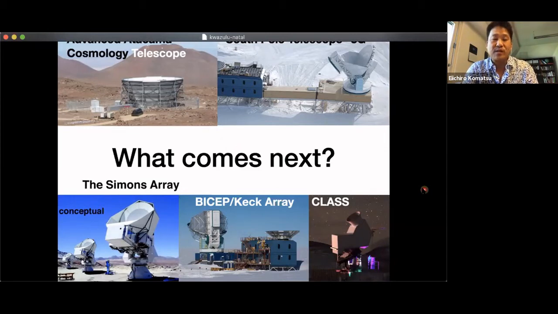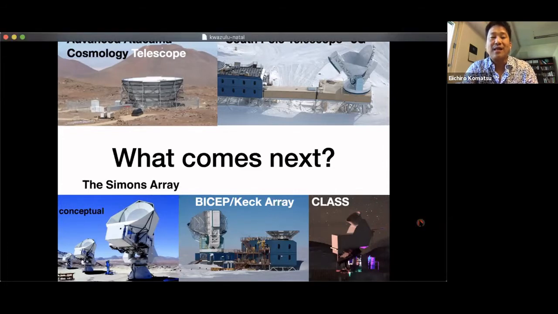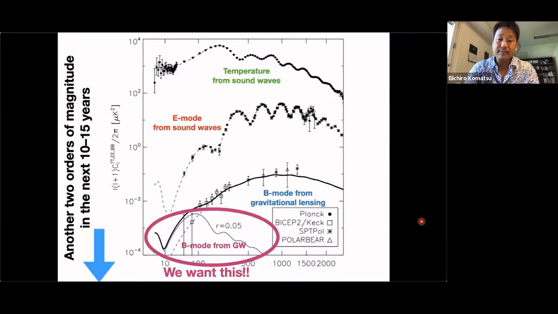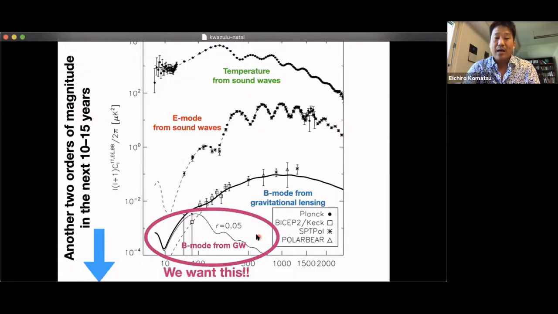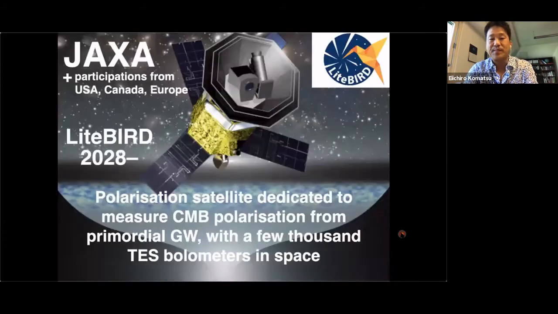And I wouldn't be surprised if tomorrow, for example, we hear an announcement from any of these experiments claiming a detection of the B-mode polarization from gravitational waves. So we want this. And in the next 10 to 15 years, we don't stop here. We want to spend another decade trying to measure this thing. And if ground-based telescopes see something, then we'll have a definitive measurement from space.